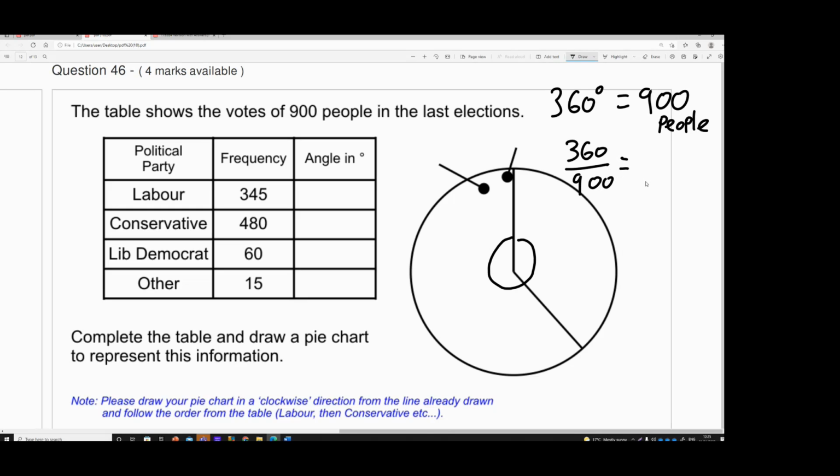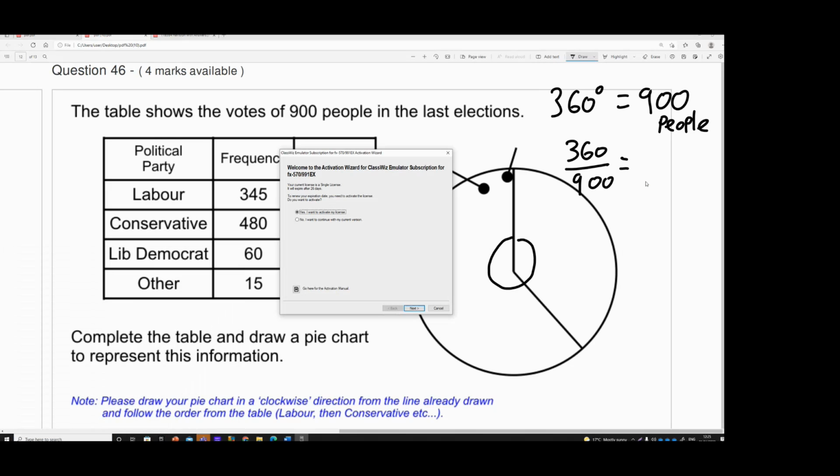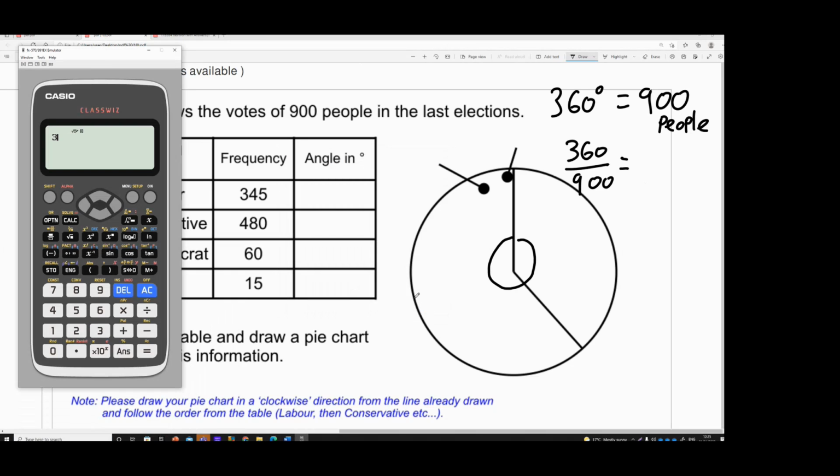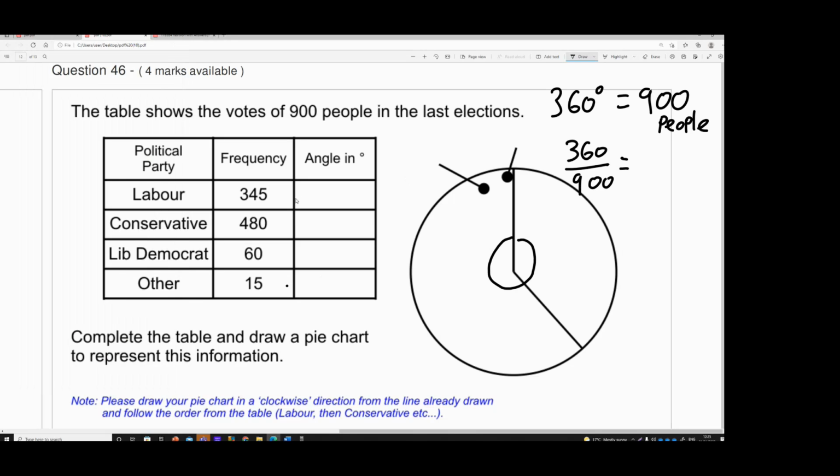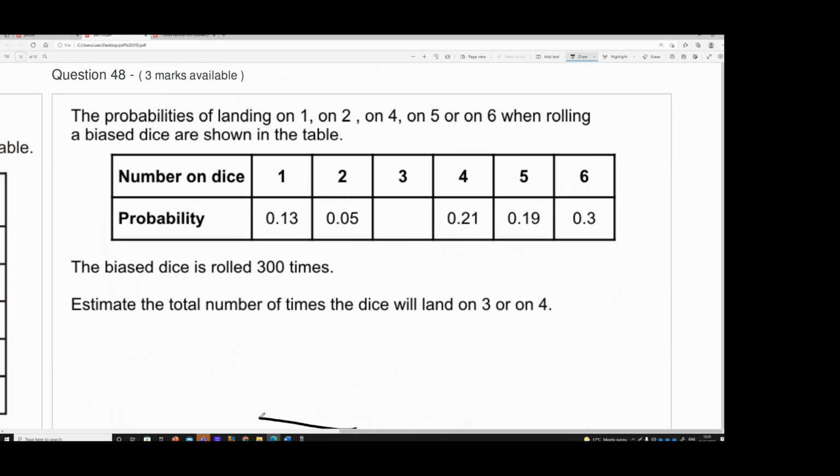So I think that one actually would be a calculator question, to be honest. Just going to be 0.4. So to get the angles, I would have to times the frequencies by 0.4. But I think that's really more of a calculator question, so we'll leave that one. That's more of a calculator question.